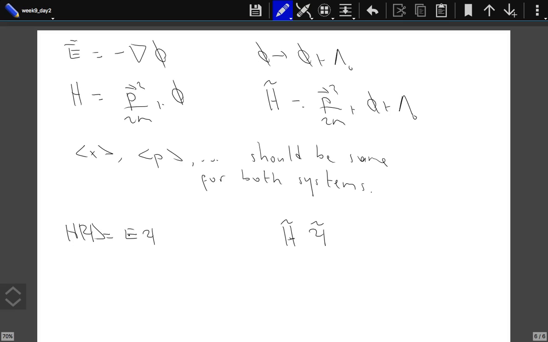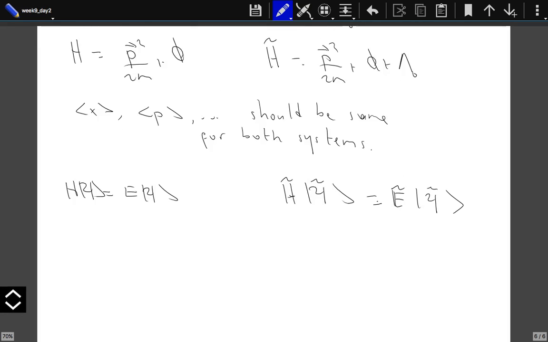Now let me use the ket notation for the shifted solution problem. And of course, since the expectation values will all be similar, I should have some relation: this psi tilde should be related to this psi ket by some kind of a unitary transformation.